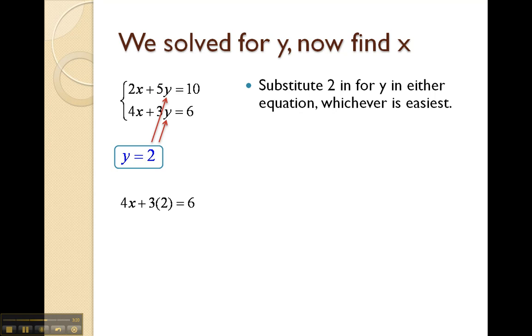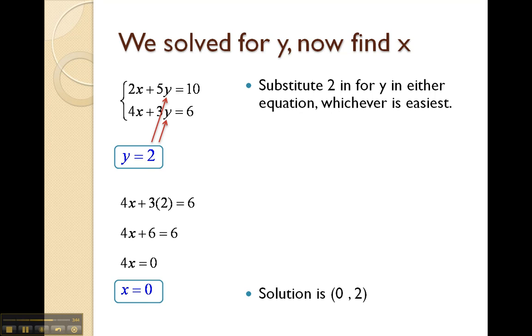And I will clean that equation up, and that's now just in terms of x, which will allow me to solve for x. So 4x plus 3 times 2 is, of course, 4x plus 6 equal to 6. And this just becomes an algebra equation that I'm sure you've seen plenty of by now. Solve for this, x equals 0.